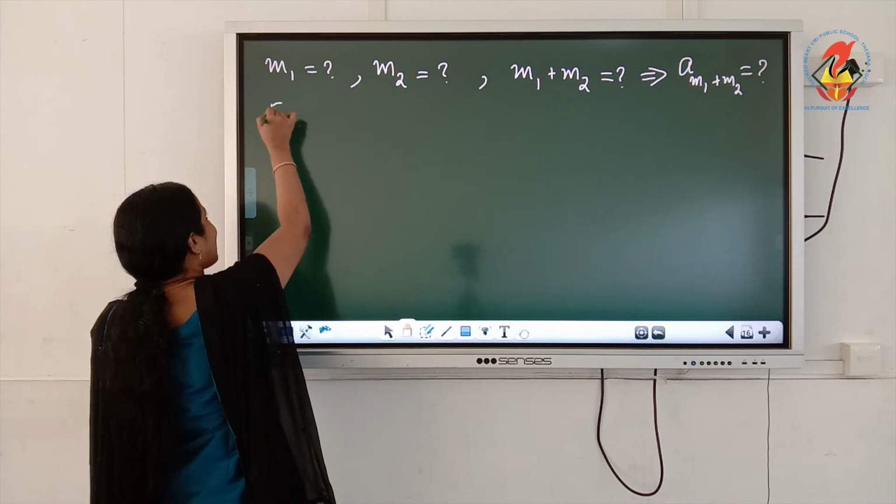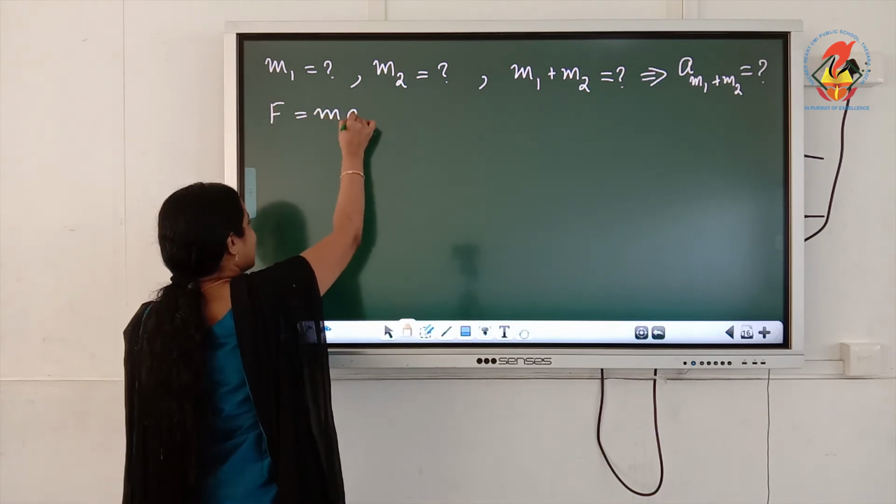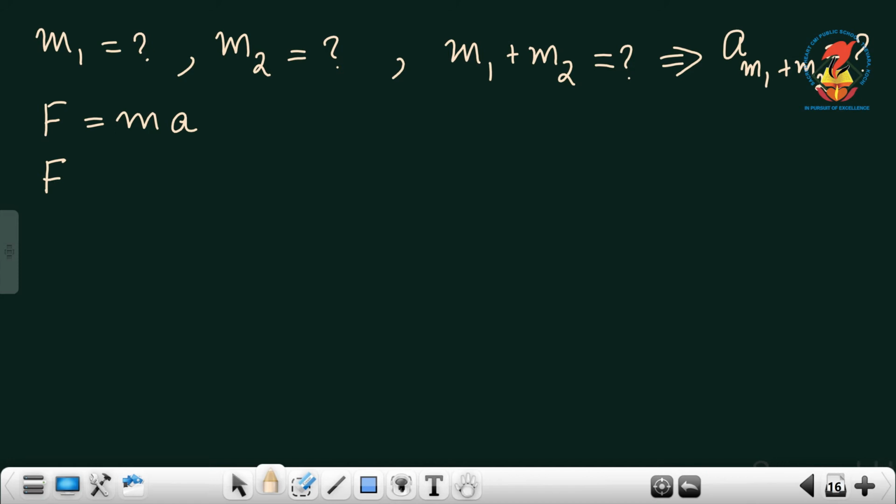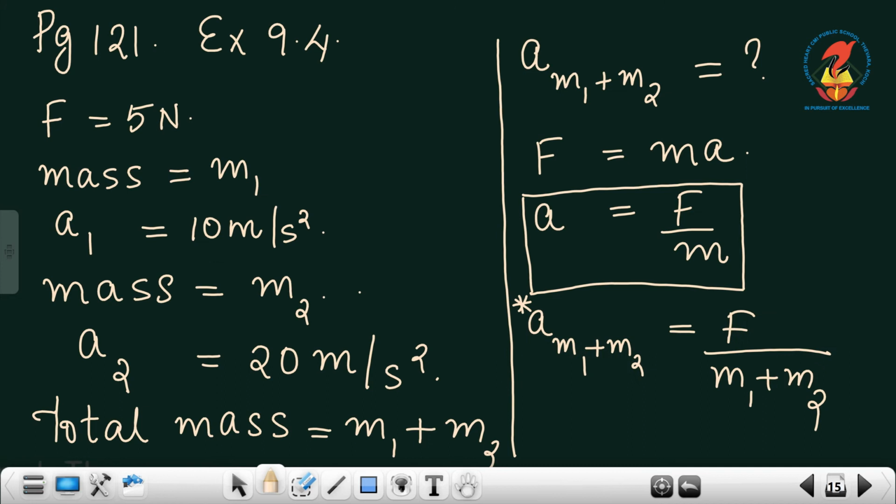So, again we have the equation F is equal to ma. A constant force is applied on both the objects. The force applied on both the objects is the same. So, let us consider the first object, the equation becomes F is equal to m1a1, and we are going to find m1 here. So, m1 is F by a1, and in the question F is given as 5 Newton.